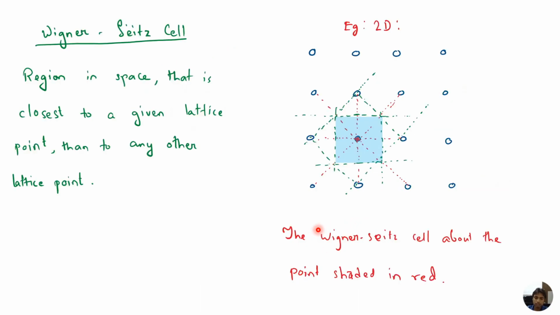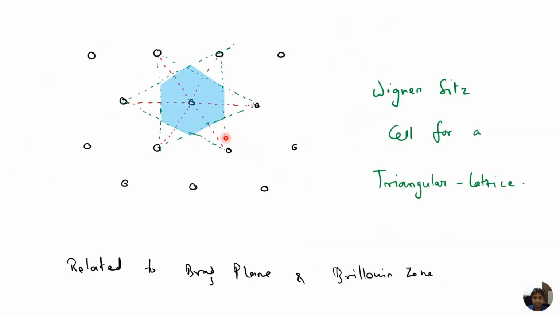Now, let us look at a different lattice. This was the example of a square lattice, right? Now we are taking a different lattice, a triangular lattice. Here, if you take three nearest points, they form an equilateral triangle. Now you choose one point in this lattice, and how do you make a Wigner-Seitz cell?